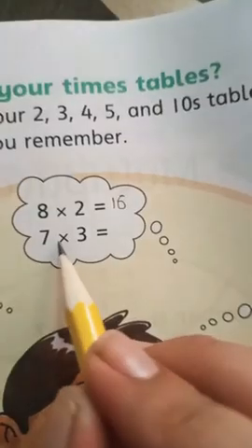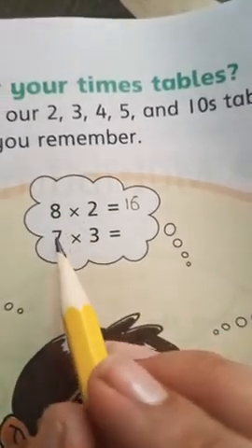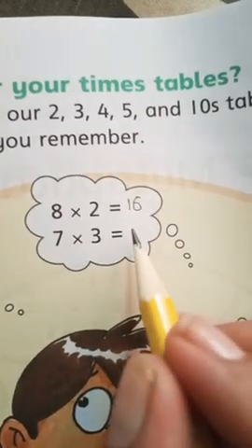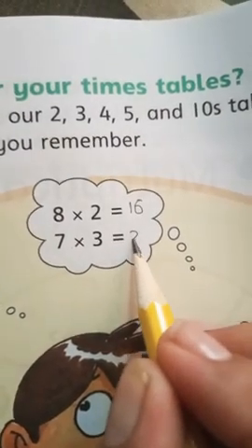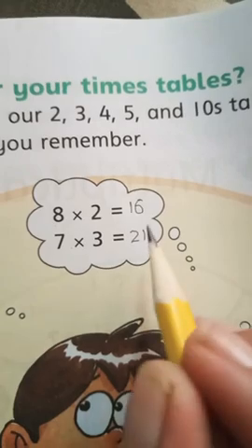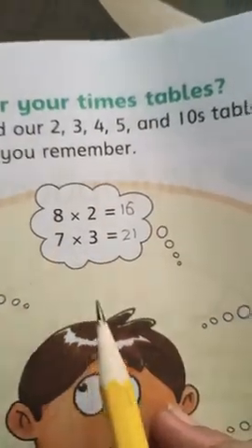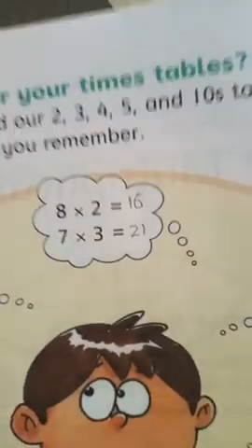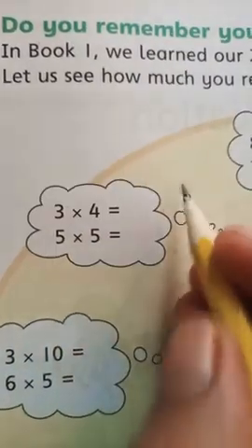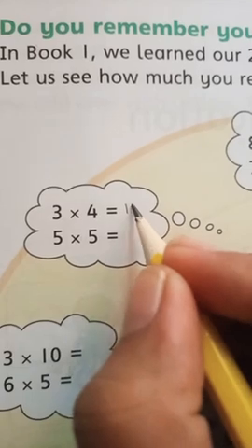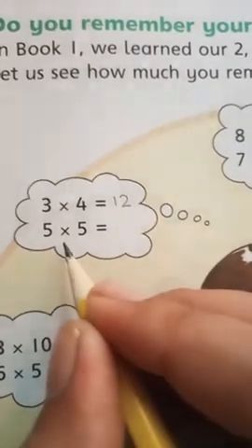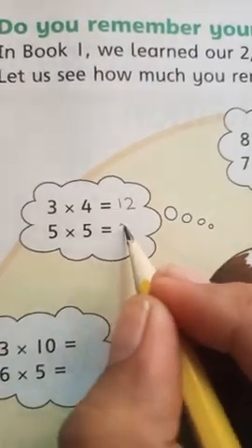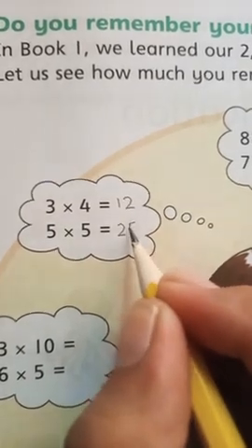Next is 7. We have learned the table of 7. 7 threes are 21. You are going to revise your tables first and you will write their answers by yourself easily. Next cloud is this. Look, students, 3 fours are 12. Next is 5. 5 fives are 25.